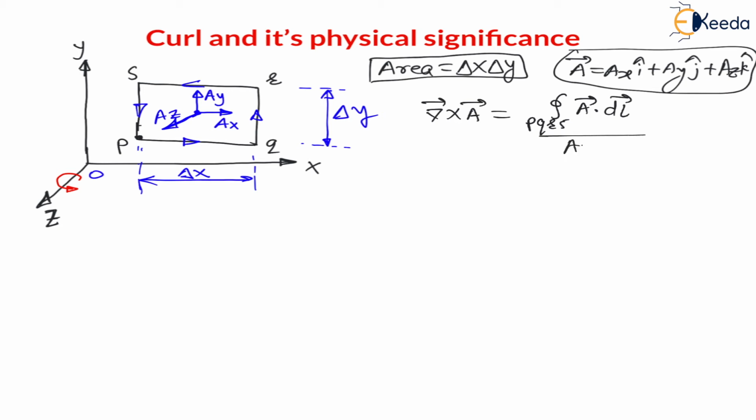Area is nothing but dx into dy, right? This is the definition, and this definition we have to prove in terms of the determinant. So to find this line integral, I have to find the magnitude of vector A along PQ, QR, RS as well as SP, right? So let us focus on finding this line integral.